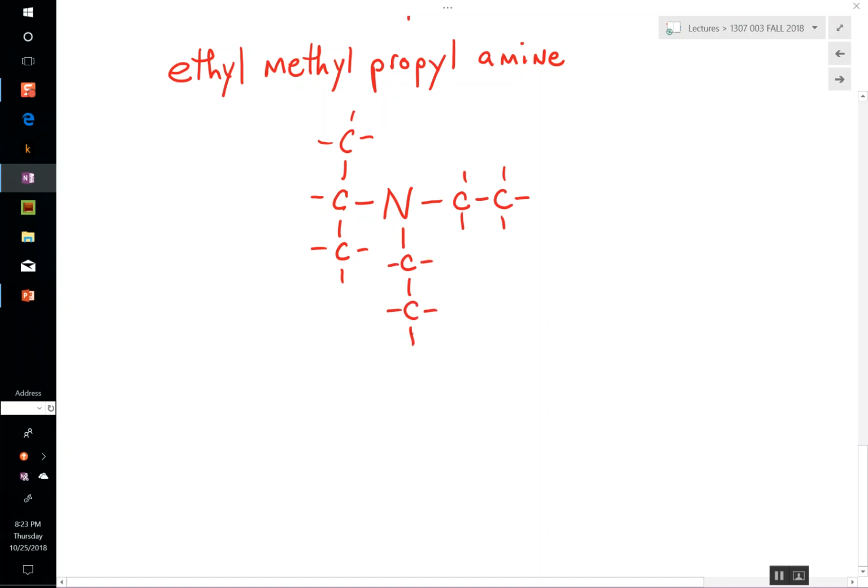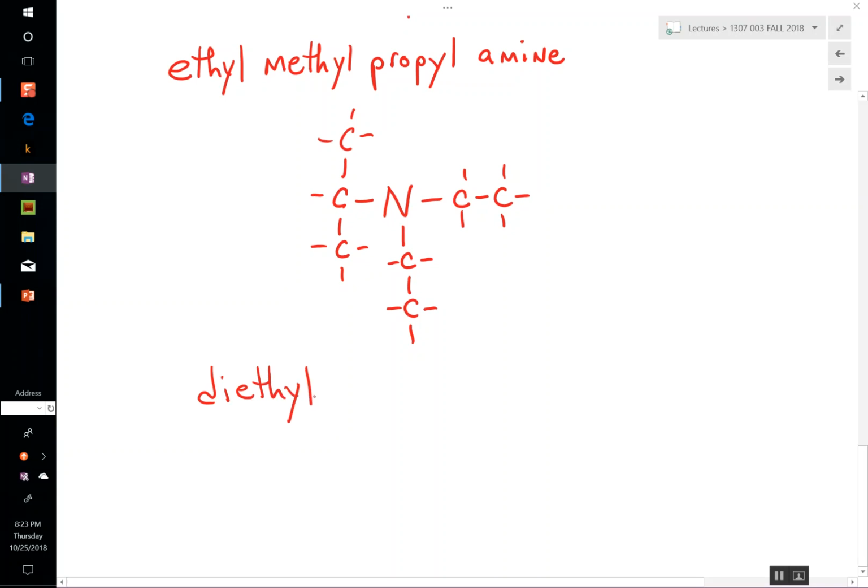It looks complicated, but it is a simple amine. Just kind of look around the nitrogen and see what is on it. Well, pretty clearly you can see on the right and on the bottom we've got ethyls. So it's a diethyl. On the left, what do we have on the left? Isopropyl.